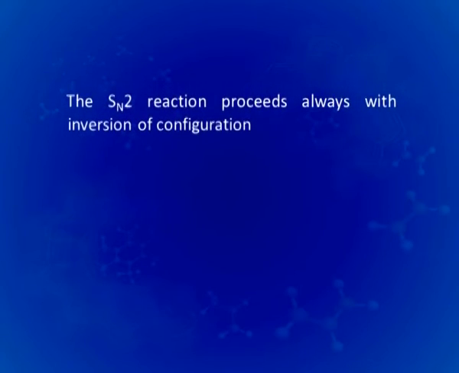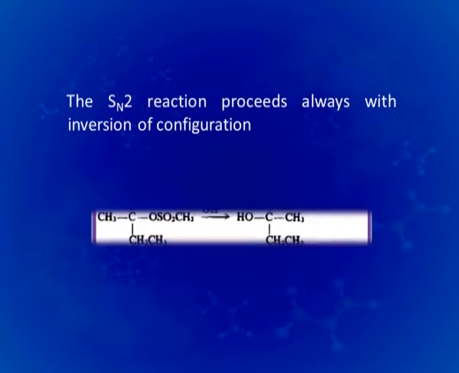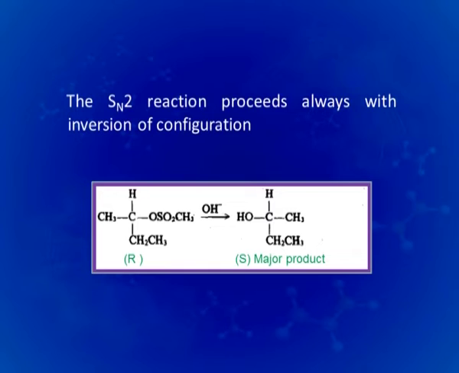In case of SN2 reactions, there is always an inversion of configuration. As a result, here again we observe stereospecificity. So, if we are starting with the R isomer of this particular molecule, we will get the S product.